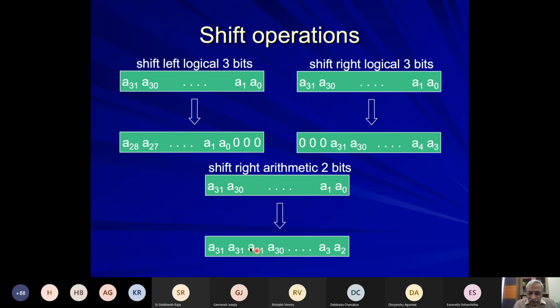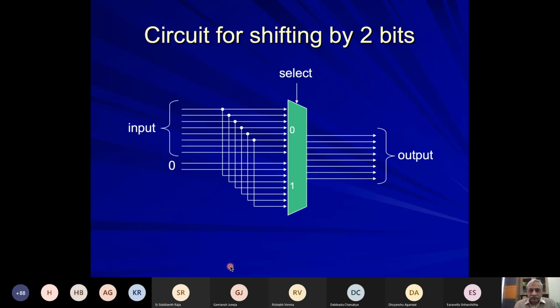So you can see that A31 is repeated. The 2 gaps have been filled by the sign bit. So a circuit for shifting by 2 bits is shown here. Just for simplicity, I'm showing only 8-bit data. If we have to shift by 2 positions, you have to insert 2 zeros.